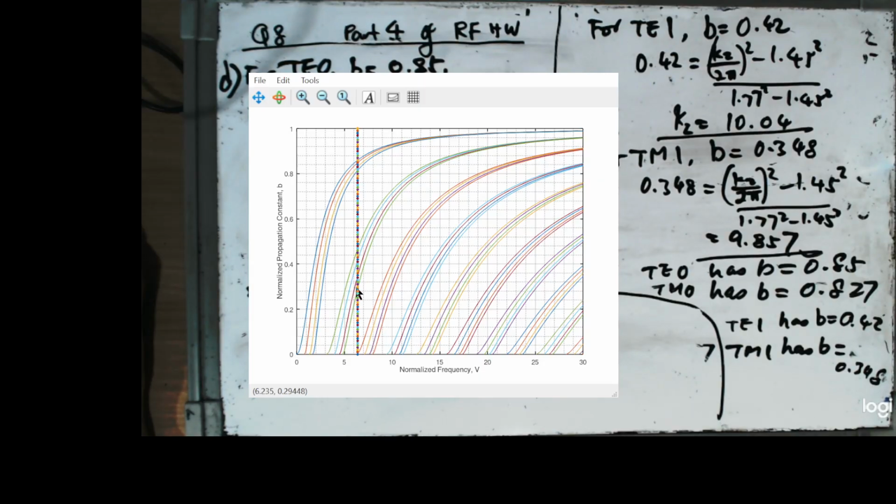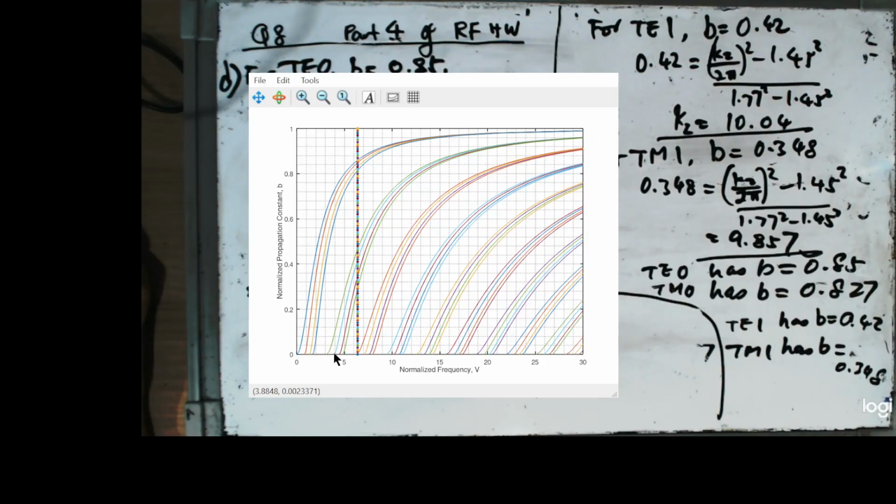the first one that you have the condition of single mode operation is the one with the lowest value of B. So you can see here, if you scan it down here, you can get it here.